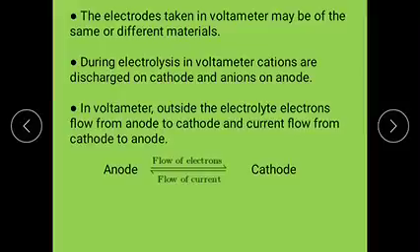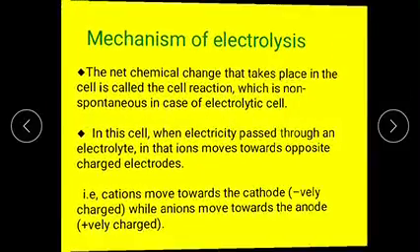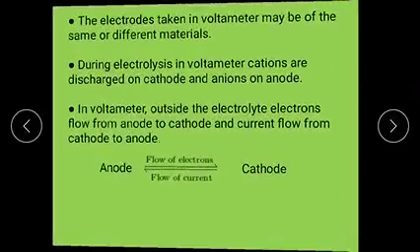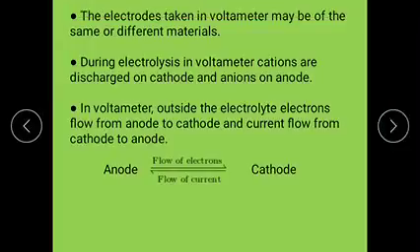Simply, the electrolysis process carried out in a vessel is known as an electrolytic cell or voltameter. Here we have to take one type of electrolytic solution.